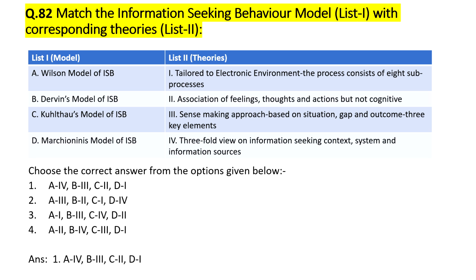Option B, Dervin's model of information seeking behavior, is related to sense making approach based on situation, gap and outcome, three key elements. Option C, Kuhlthau's model of ISB, is related to association of feelings, thoughts and actions but not cognitive. And the last option, Marchionini's model of ISB, is related to tailored to electronic environment. The process consists of 8 processes.